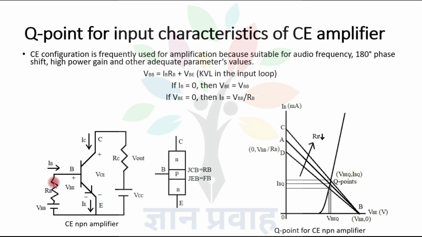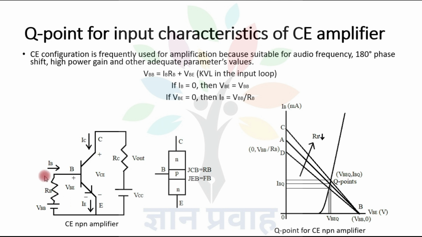So here a common emitter NPN amplifier circuit is given. Here we are not applying any input voltage or input signal. We are just applying biasing potentials for input and output sides.